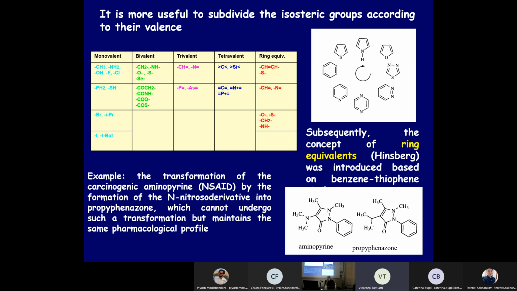You can understand the importance of this approach. We can change some atoms because we had problems with the metabolism or with the toxicity and so on, and we can maintain, hopefully, the activity.